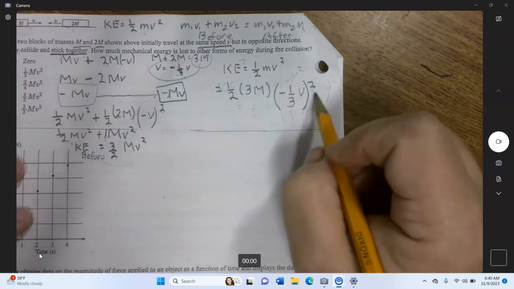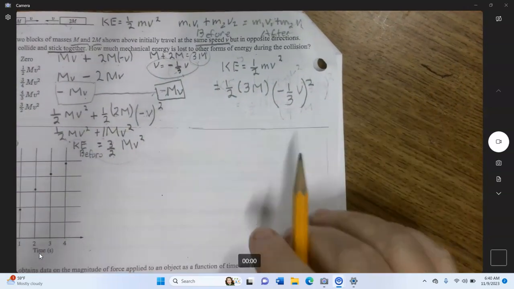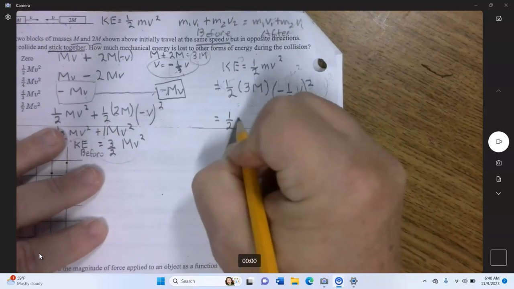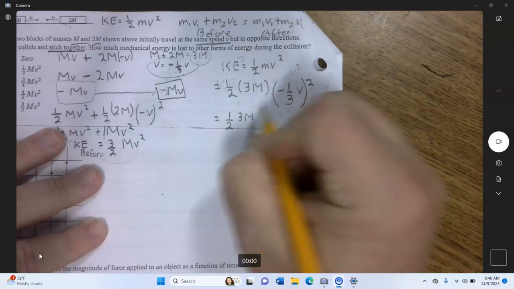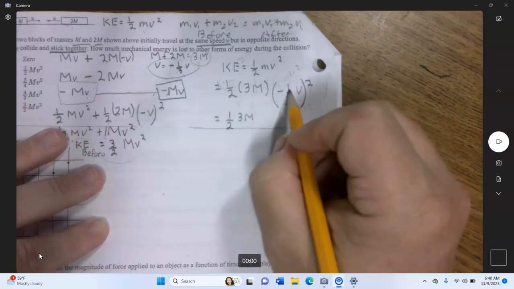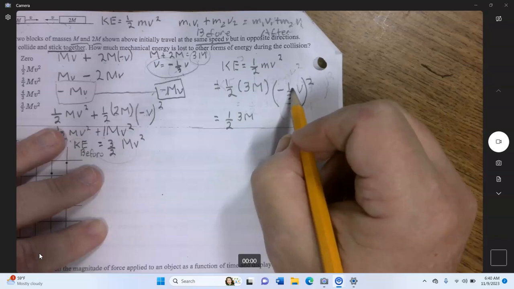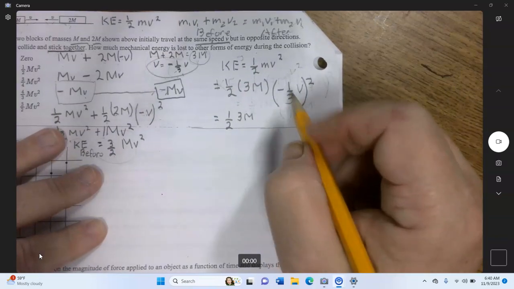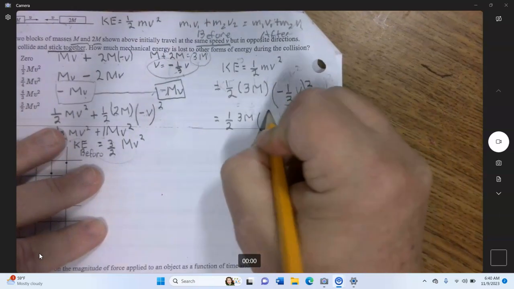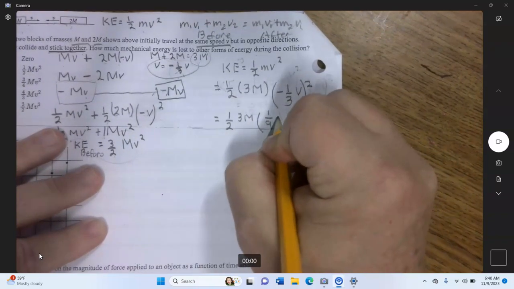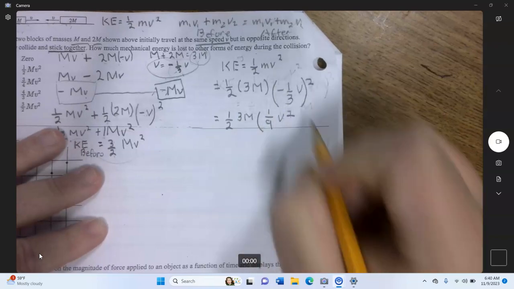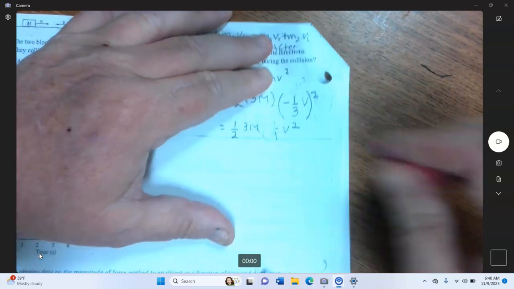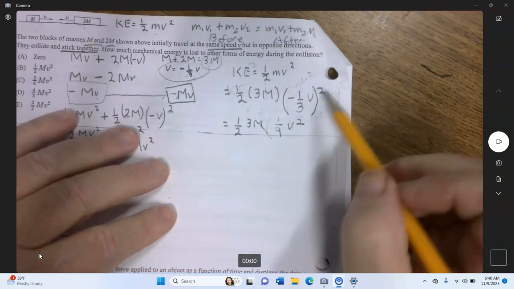This is the velocity, and then you have to square it. Okay, so let's just do this one step at a time. Equals 1/2 3m and 1/3 squared. You square the top. Negative 1 squared is 1, and you square the bottom. 3 squared is 9. So it's going to be 1/9 v squared. And you don't need the parenthesis anymore, because you've distributed that to this and to this.